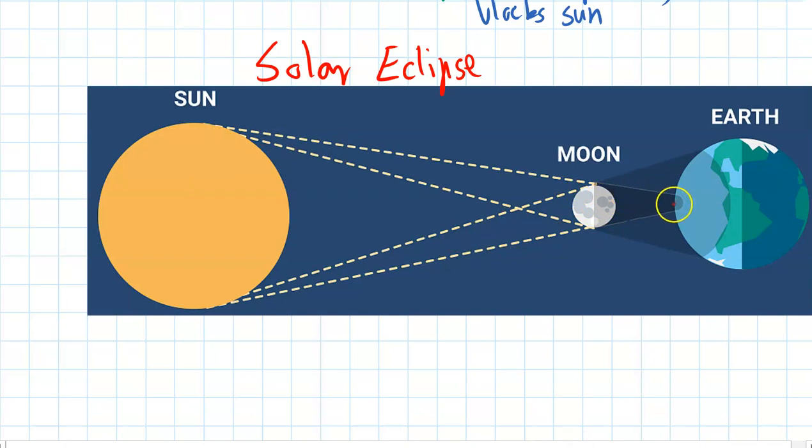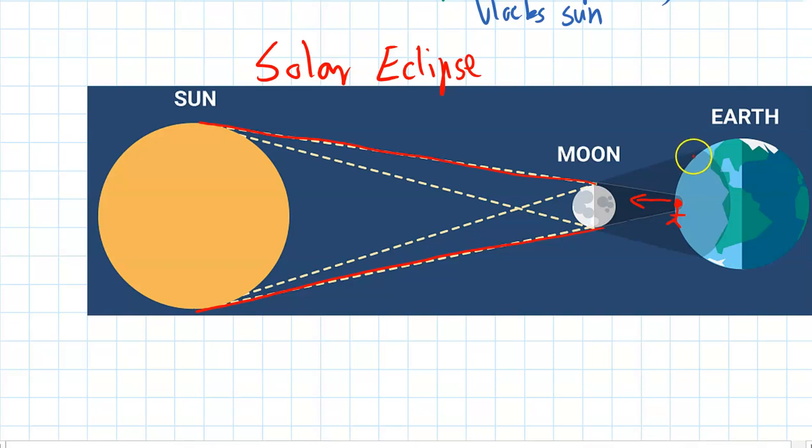And so if we're right in this middle region here, and at the moment this is only in the ocean, then if we're here and we're looking outwards, all we can see is the moon because it's completely covering the sun, even though the sun's so much bigger.